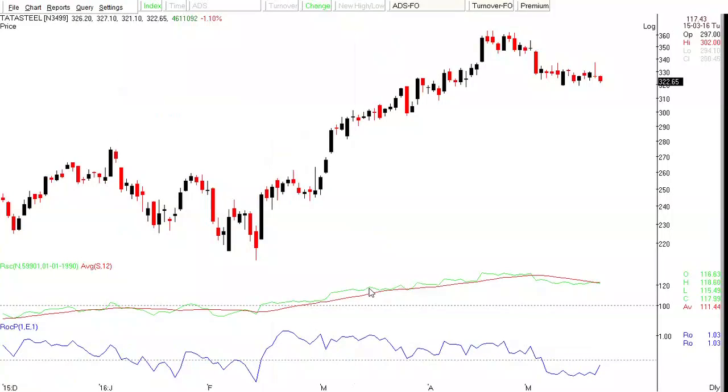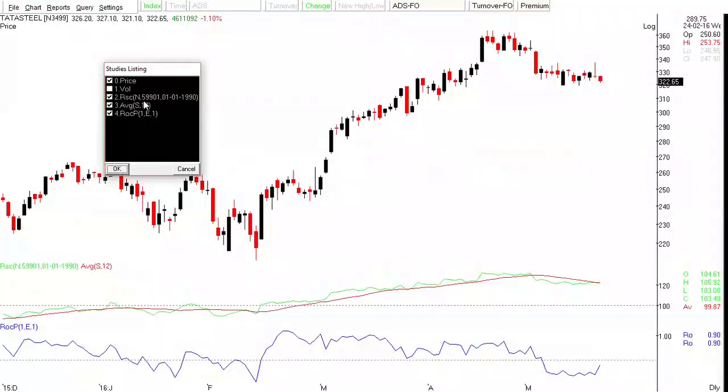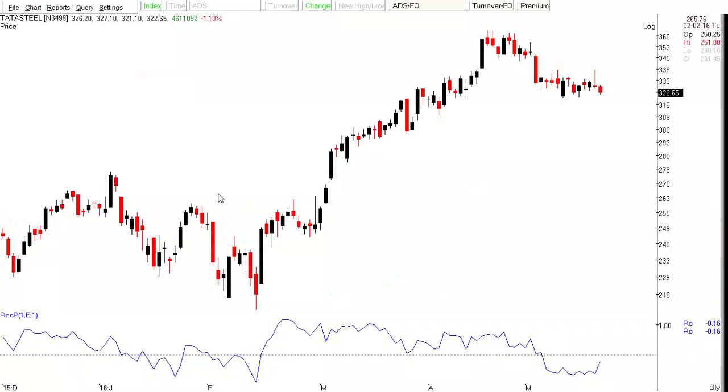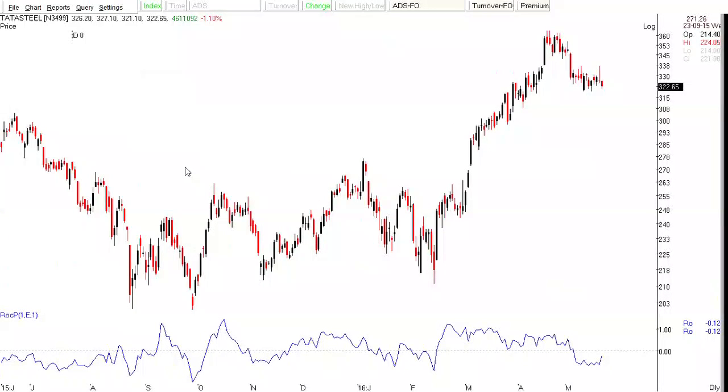And the green line, the relative strength comparison, is derived by subtracting percentage changes of Tata Steel and Nifty. I hope you're with me. Now I'm going to simply hide the unnecessary tools. Now this is the tool that I'm interested in.